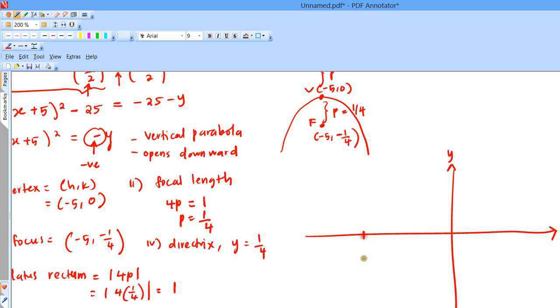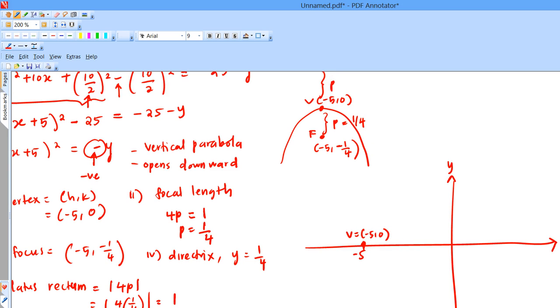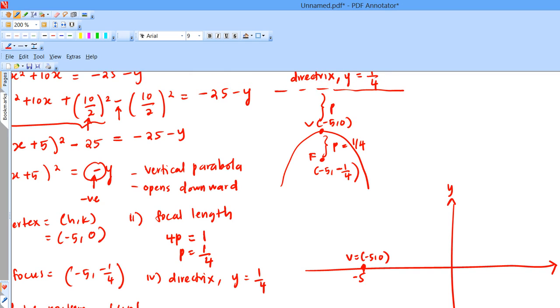Here is -5, and 0 here. Vertex (-5, 0). And then we have the directrix y equal to 1/4.